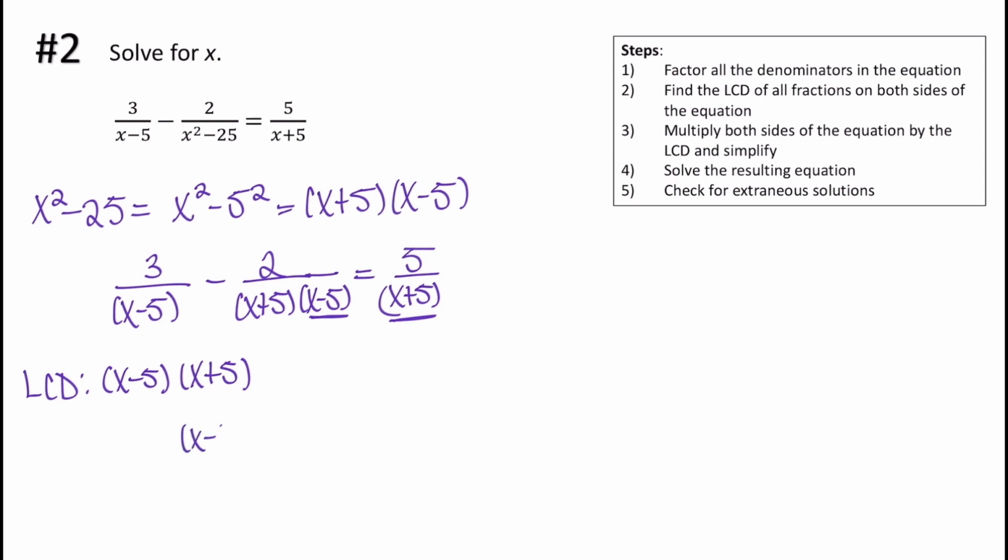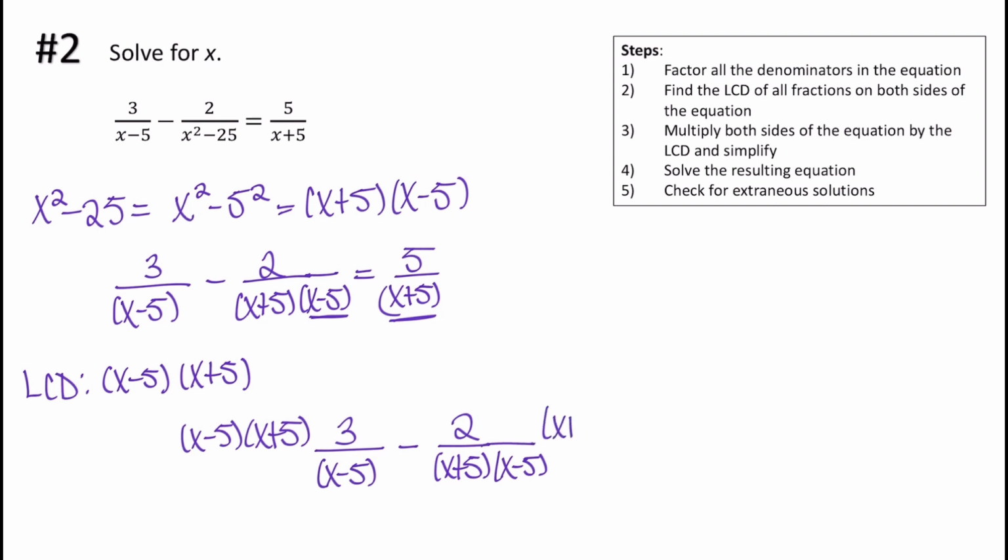So I have x minus 5 times x plus 5 times 3 over x minus 5, minus 2 over x plus 5 times x minus 5, times x minus 5 times x plus 5 times x minus 5, and that equals x minus 5 times x plus 5 times 5 over x plus 5.